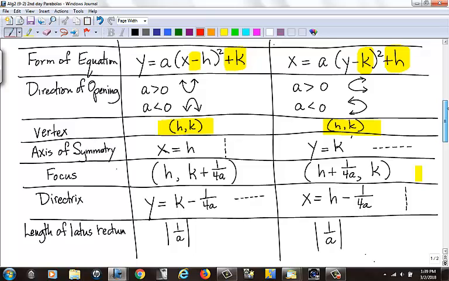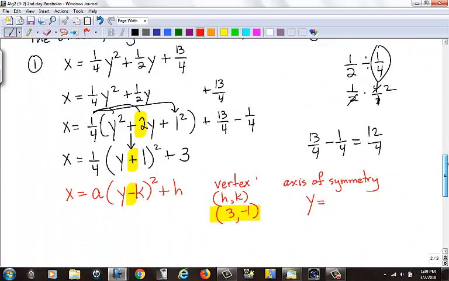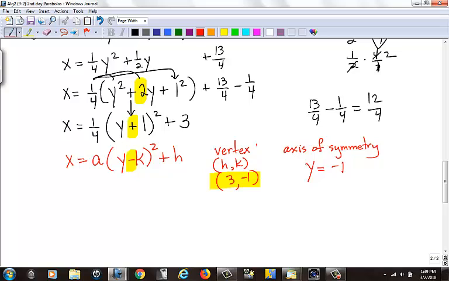So y equals -1 is our axis of symmetry, and it opens to the right or left. Okay, and that's the next thing. How does it open? A is 1/4. A is greater than 0, so it opens to the right. A is positive, so it opens to the right. So that's the other answer.